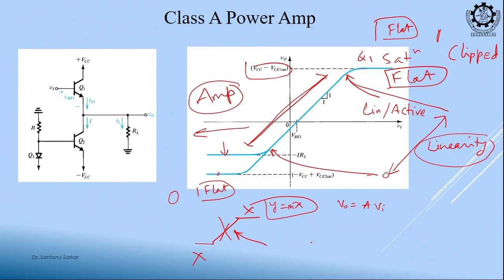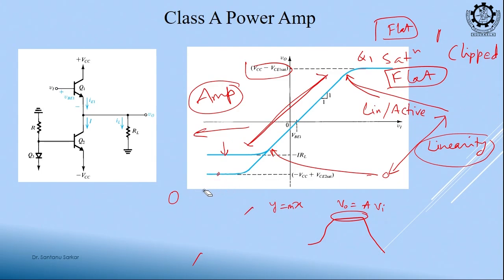Why? Because your output will no longer be a sine wave, it will be clipped. So, please understand this very basic point, then you will have no confusion about the requirement of an analog signal and the requirement of a digital signal.